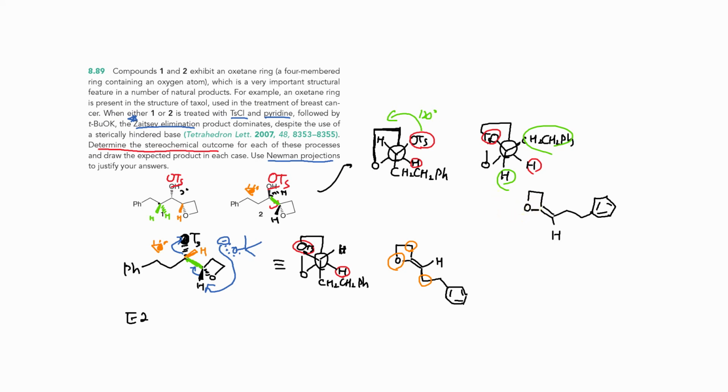Now we have a different isomer here. In part 1, the oxygen trumps the carbon here, and the methyl trumps the hydrogen. This is what we call the same side, so it's the Z isomer. However, in compound 2, notice that it's opposite, unlike the same side here. So we have the E isomer.